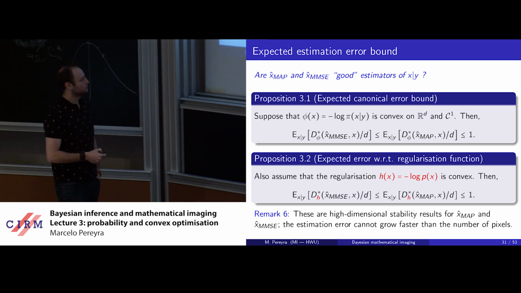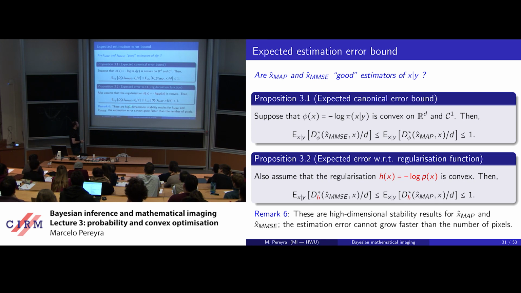So there's this additional result that says if you now measure the error using just the prior, so this is very similar to what Clarice was doing. She was looking at penalizing with something like an L1 norm and then looking at the error with the Bregman divergence associated with that, I think. So in that case, we have the same guarantees.